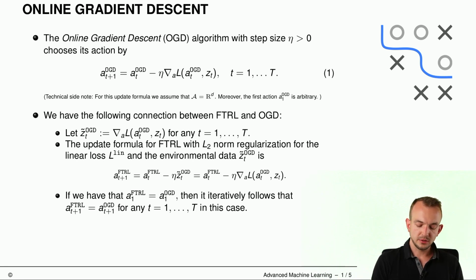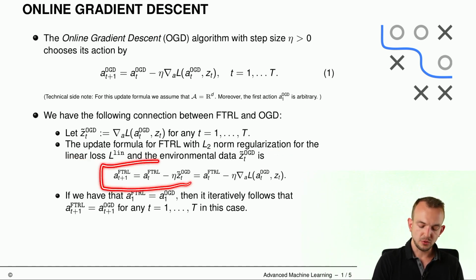Now consider that this is in fact the environmental data point which we give to the follow the regularized leader algorithm with L2 norm regularization, assuming a linear loss function.